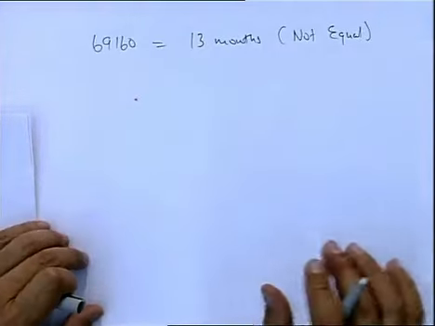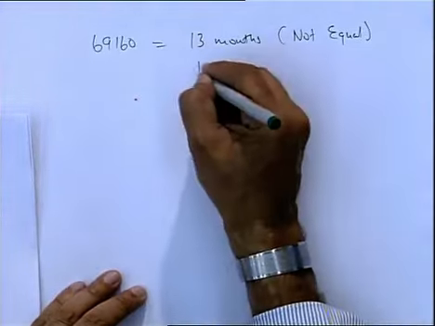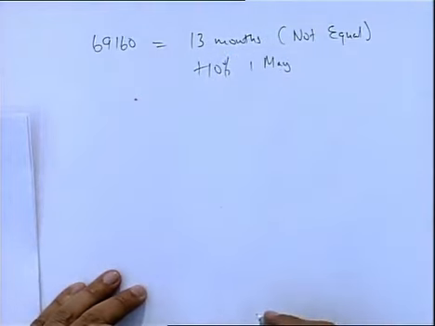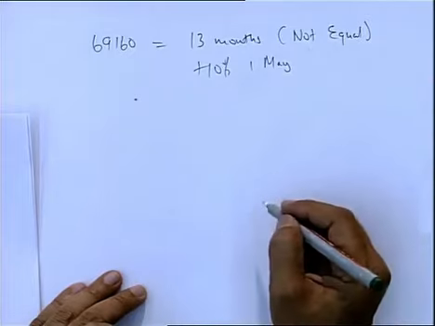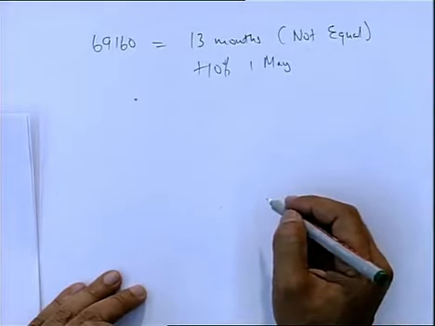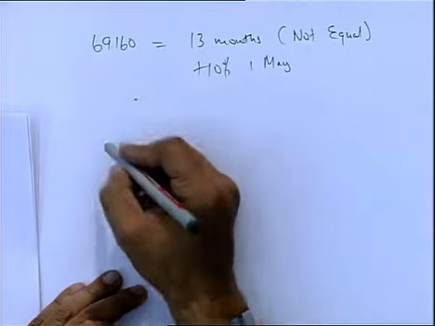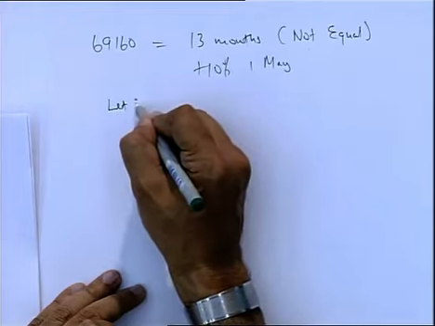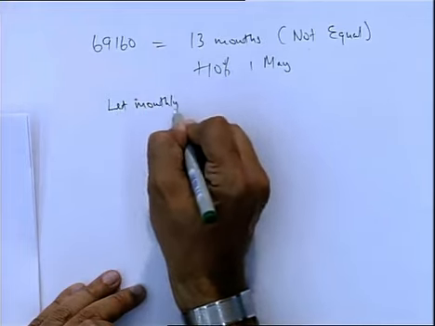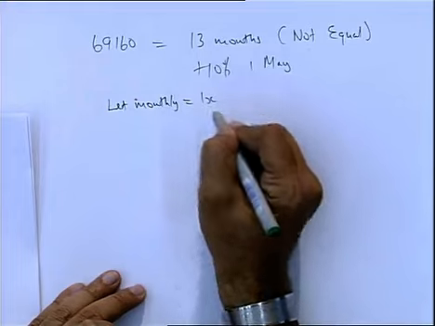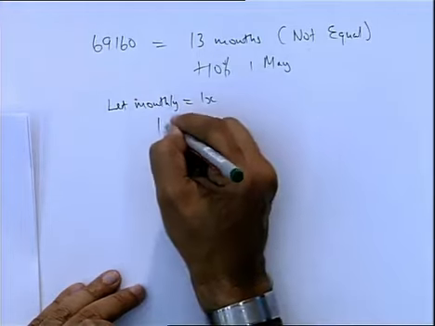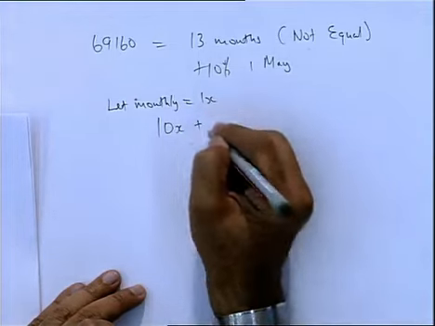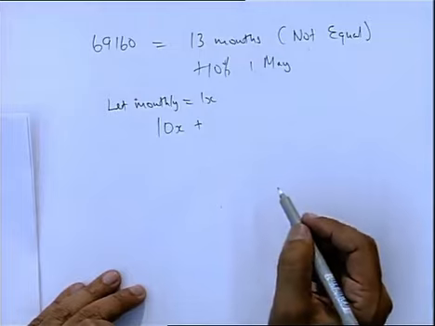Meaning it's not 13 equal months rent, because there was a 10% increase on the 1st of May. And because they don't give the rent, we unfortunately have to go and calculate it. So we're saying, let the monthly rent equal X or 1X. So for 10 months of the year, the rent remained the same.